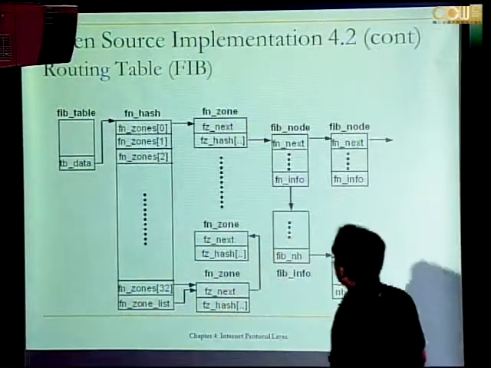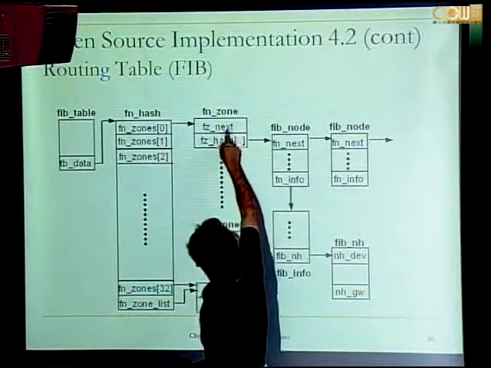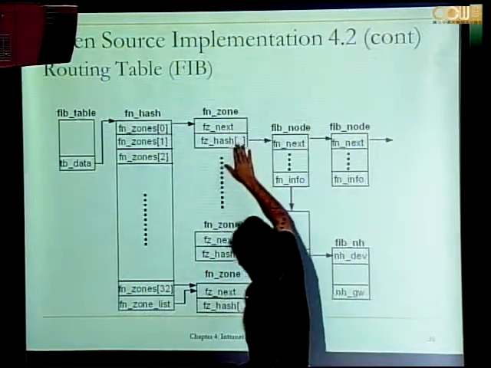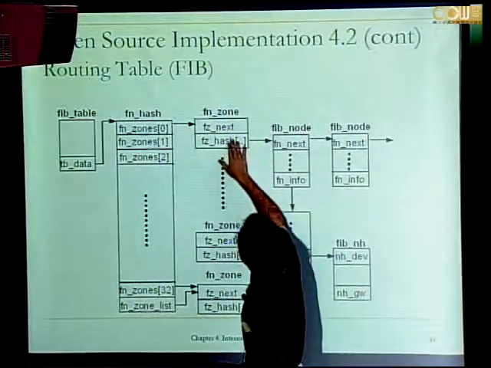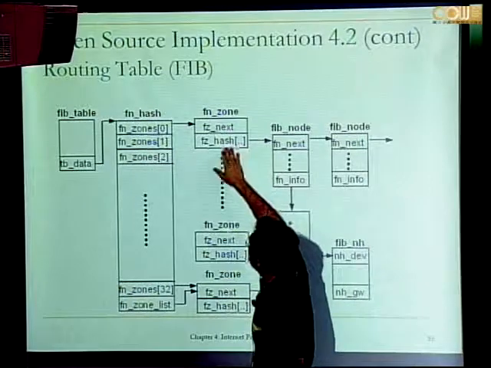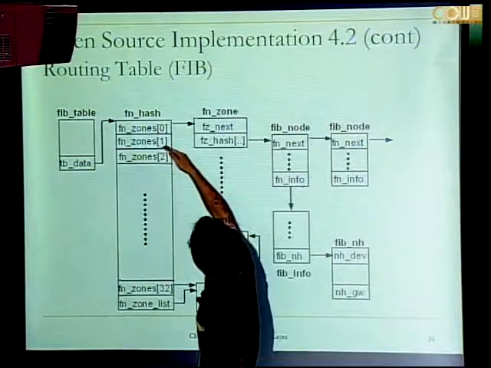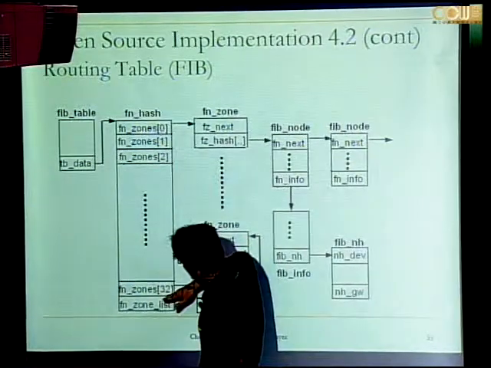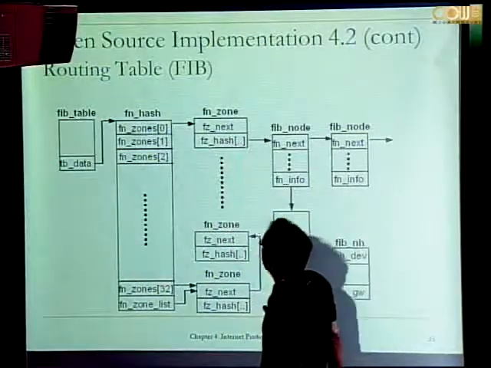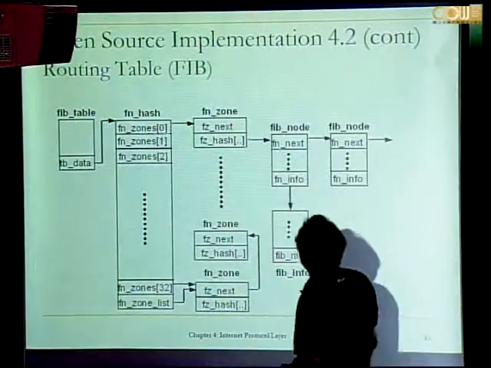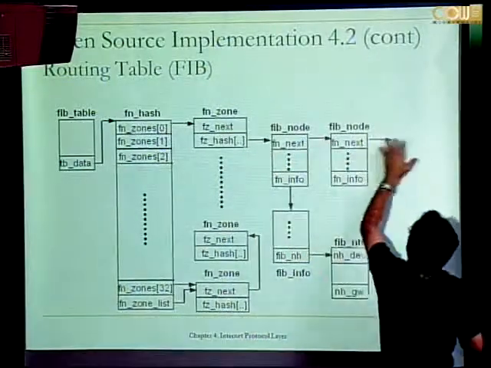And then each of the entries will point to an individual hash table. So I have a hash table here. This is a real hash table. But here is another hash table. So I have an array of hash tables. And the real hash table then points to a linked list. So I have a linked list.